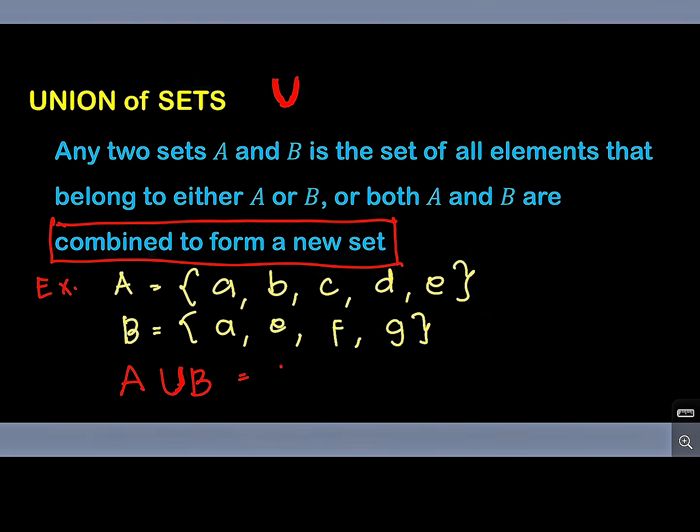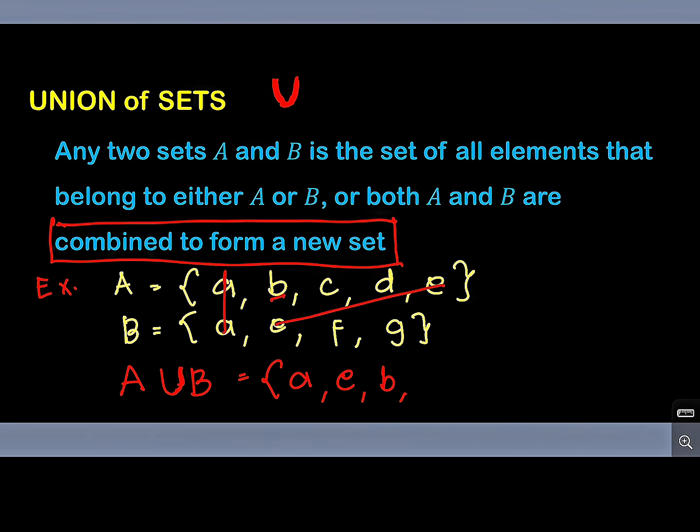You will just write the unique elements. So if A already appears in set B, you will write the letter A only once for those two sets.